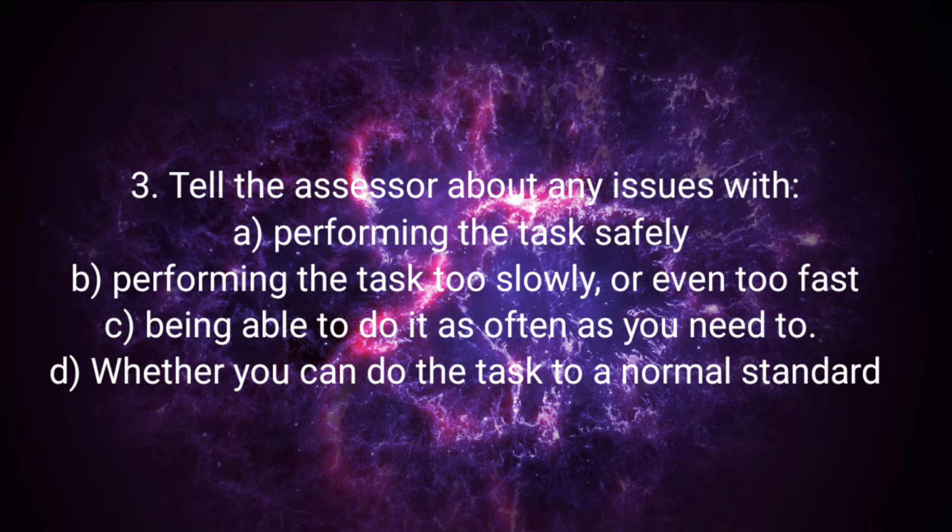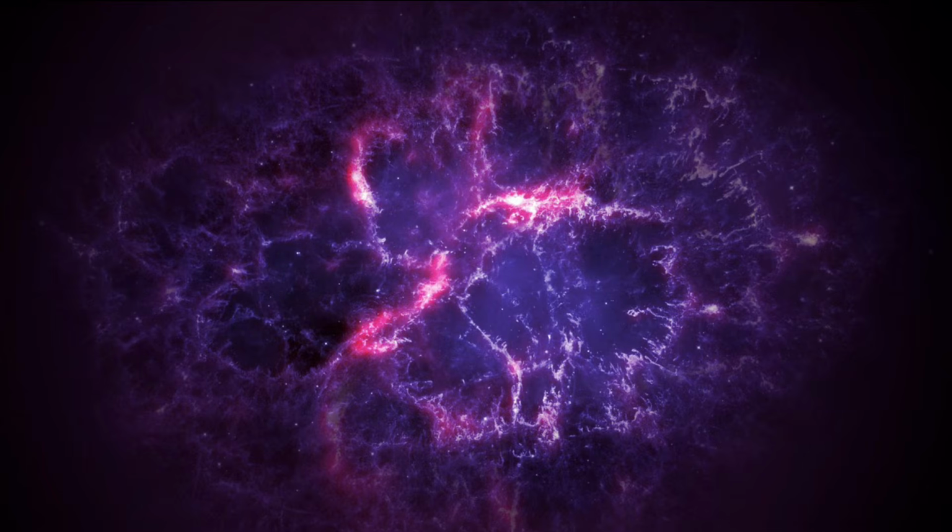Tell the assessor about any issues with A. performing the task safely, B. performing the task too slowly or even too fast, C. being able to do it as often as you need to, D. whether you can do the task to a normal standard.